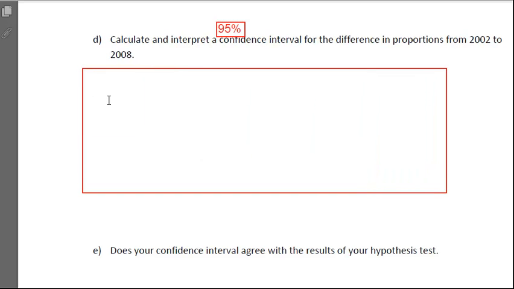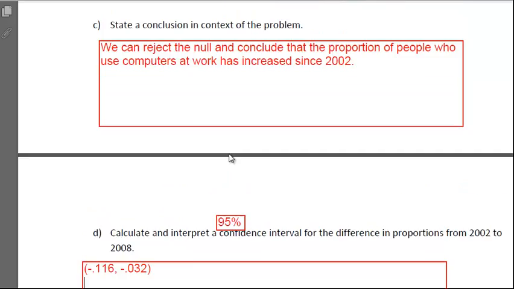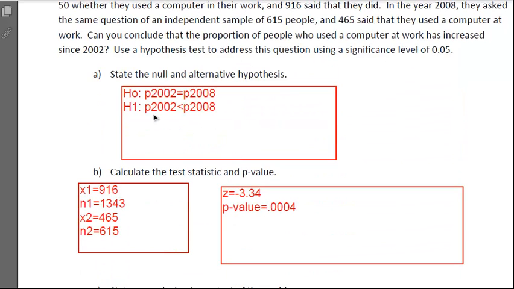Okay, so let's go ahead and write that down before I forget it. So negative 0.116 up through negative 0.032. So you might find it odd that the confidence interval is negative, but that should make sense because the order that we did things in, we took the proportion in 2002 minus the proportion in 2008.